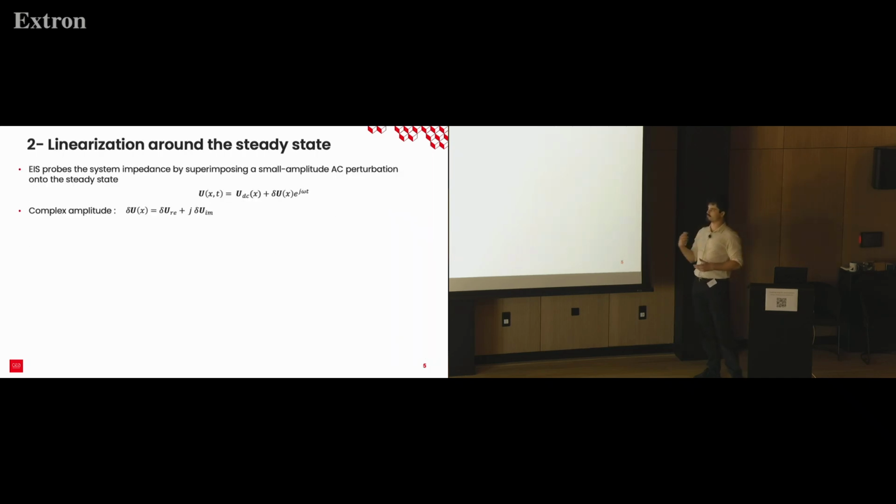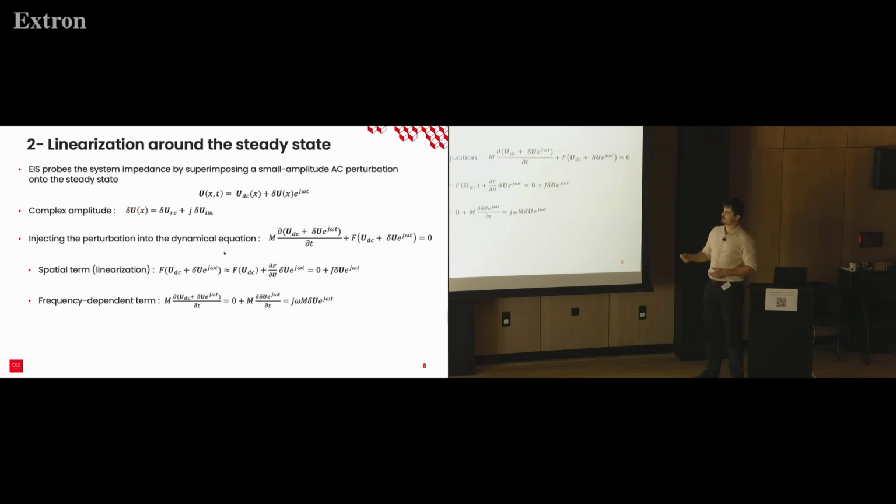The second step is to express the solicitation. We know that EIS probes the system by superimposing a small perturbation around the steady state. Mathematically, this translates to this equation with a complex amplitude right here. If we inject it in the dynamical equation, we have two terms that we can simplify.